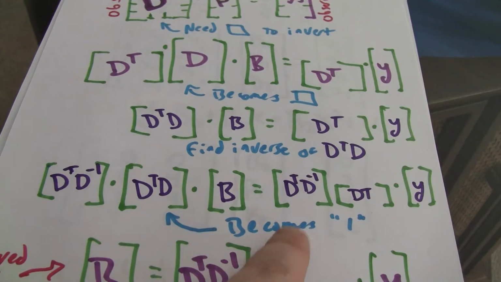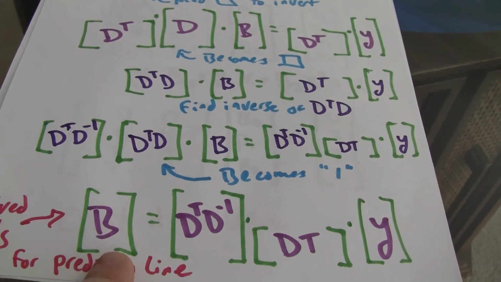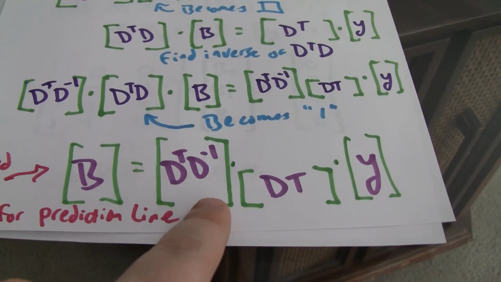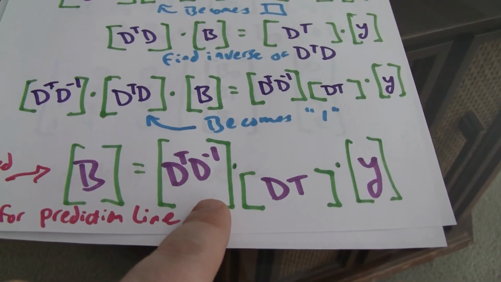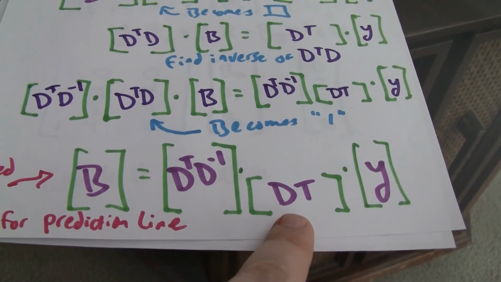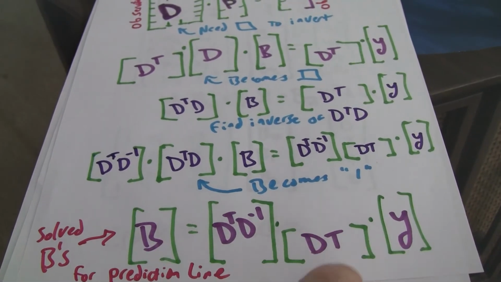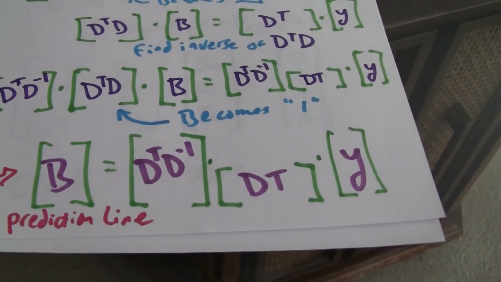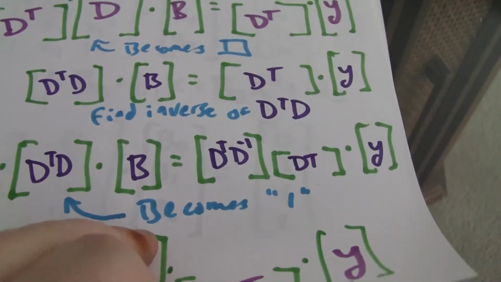When we multiply these together, that basically becomes 1, so it goes away, and it's just our beta vector is equal to D transpose D inverse times transpose of D times Y. So now we've got our betas isolated, and you just have to do all this matrix multiplication, and we can get our line. So that's how the computer likes to think about the math.